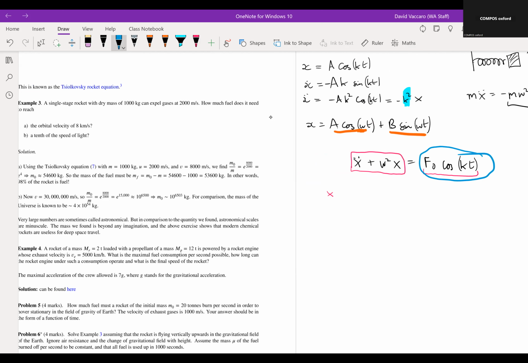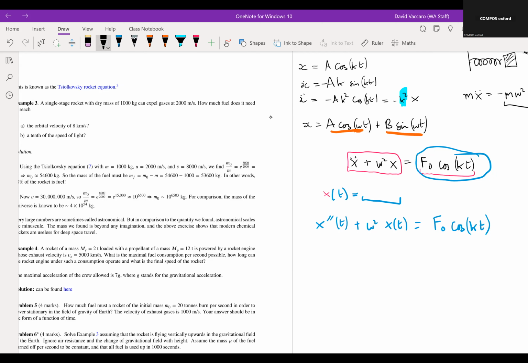So if I set x of t to be some function, what type of function, if I was to differentiate it twice and add omega squared times the function, would be a good candidate to give me something like f0 cos kt? As I might have said earlier, the best way to solve differential equations is often just to guess the correct answer.